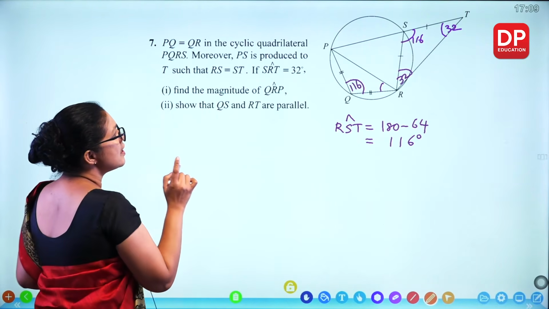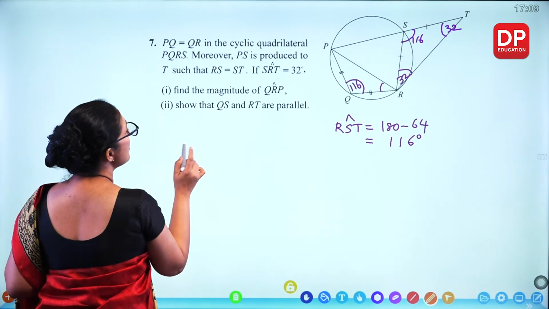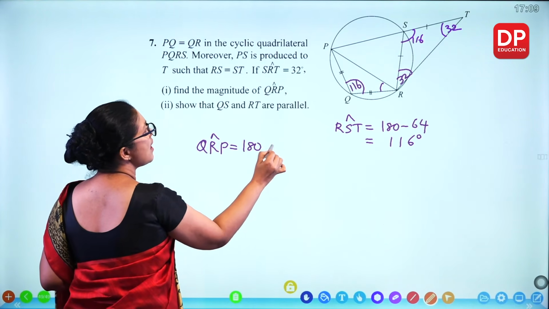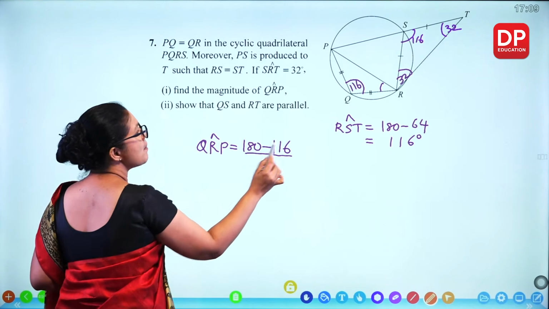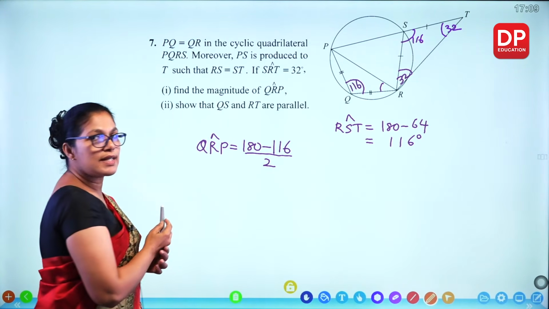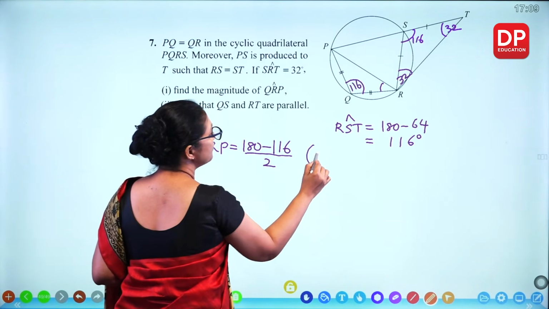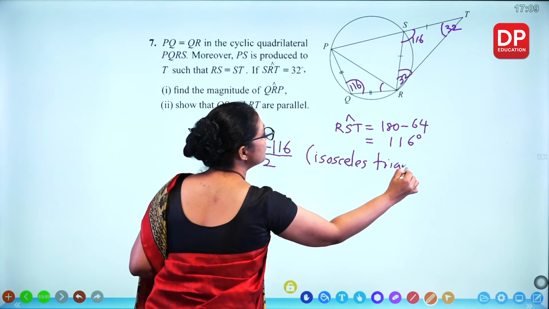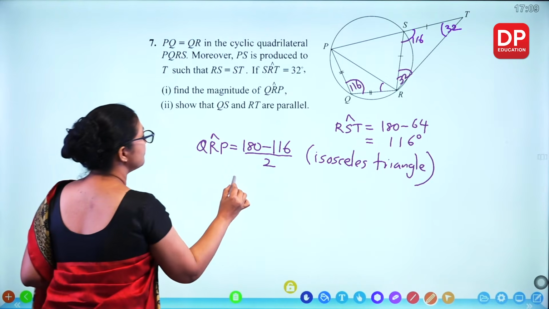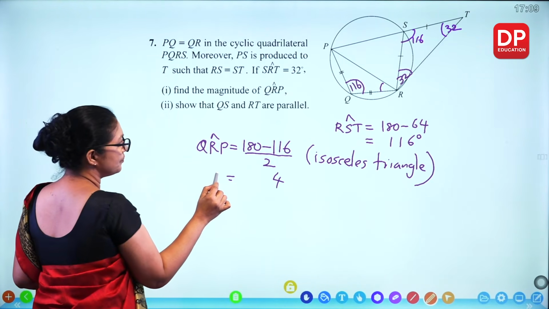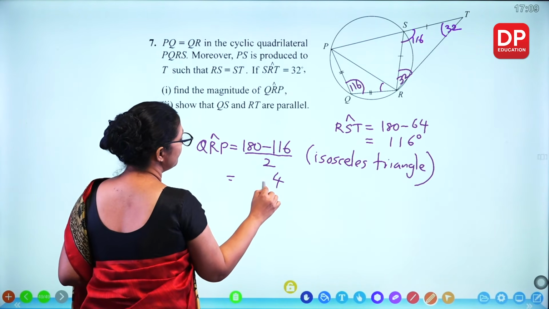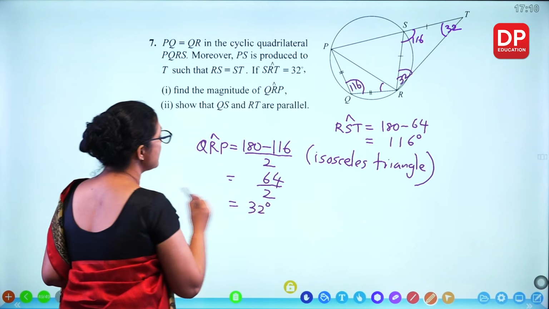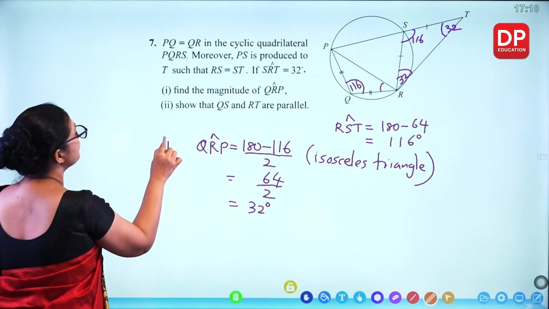So what's PRQ or QRP angle? It is 180 minus 116 divided by 2 because this is an isosceles triangle. You get 32 degrees for the first part.